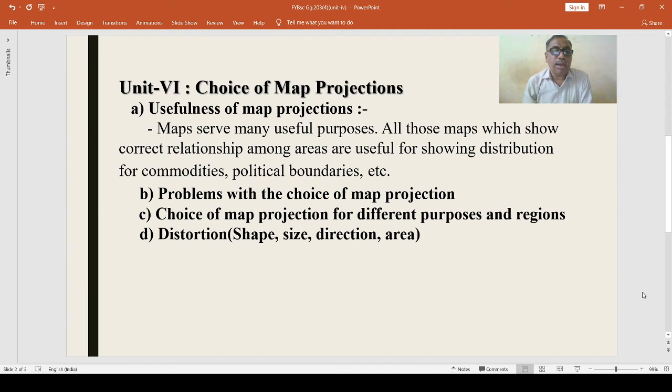Converting a sphere to a flat surface results in a distortion. This is the most profound single fact about the map projection. Some maps get nothing exactly right, but nothing too far wrong.